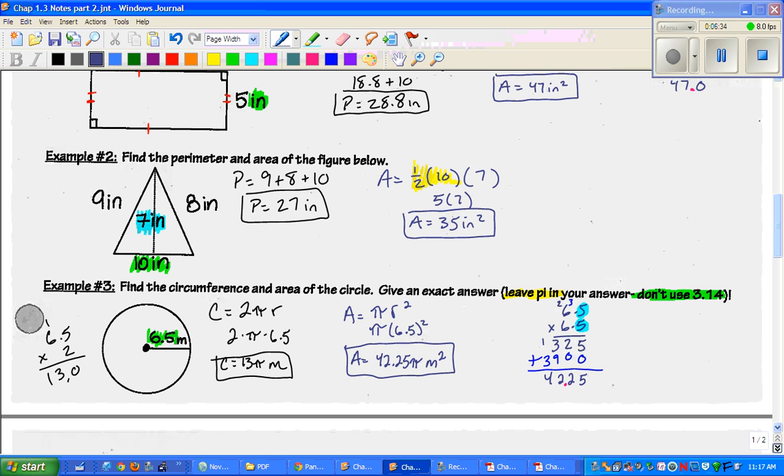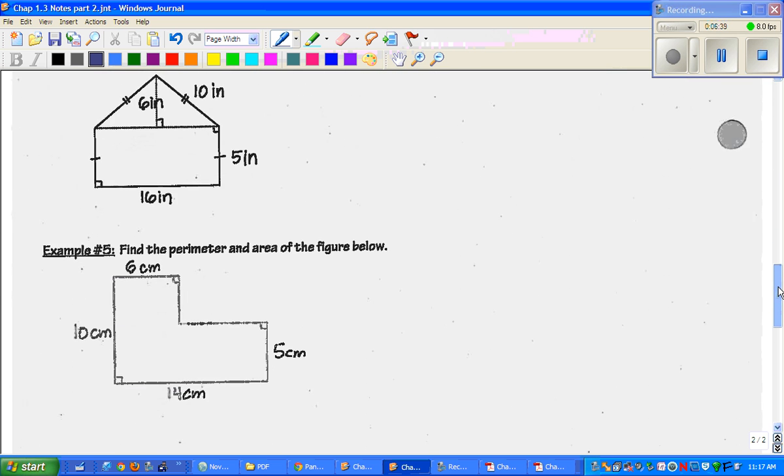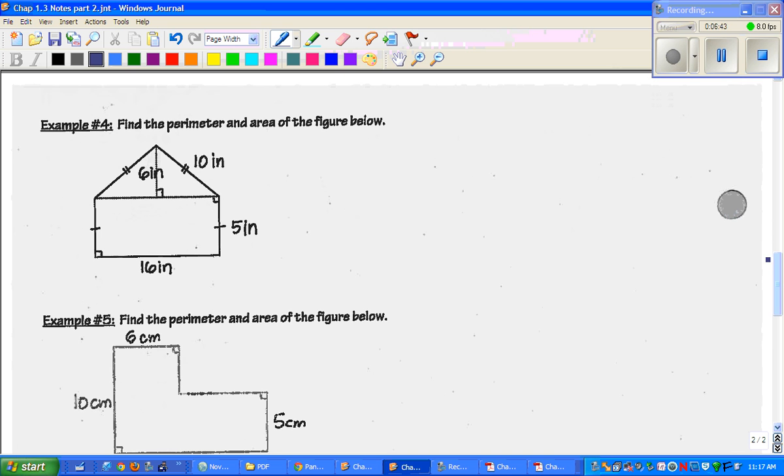All right, let's move on to the back. We actually need to do all of these. It says find the perimeter and the area of the figure below. First thing we're going to do is find the perimeter. The perimeter, we need to go all along the outside.